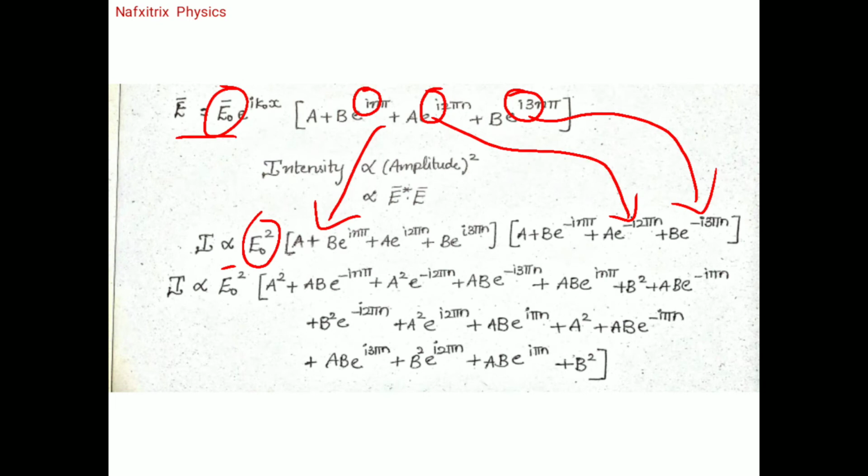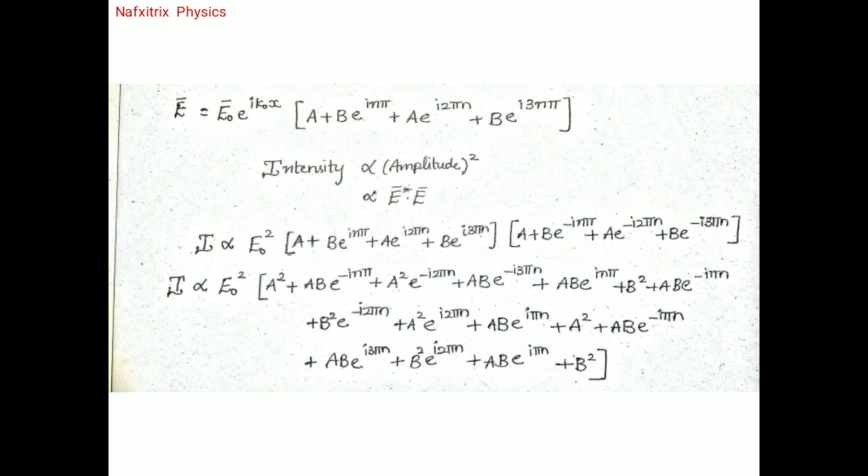So just that is nothing but the complex conjugate. So i is replaced with minus i. So now this is E, and this is its complex conjugate, and E naught is real. So we are getting E naught square while doing the products.